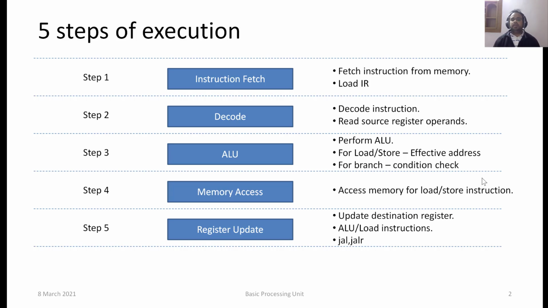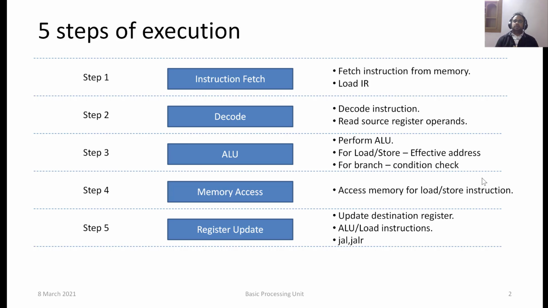And in step 5, what we would typically do is update the destination register. This would be either the result of the ALU instruction, or it can be the reply that we get from the memory in case of load instructions. And for the JAL and JALR kind of instructions, we would like to store the PC in the destination register, right?